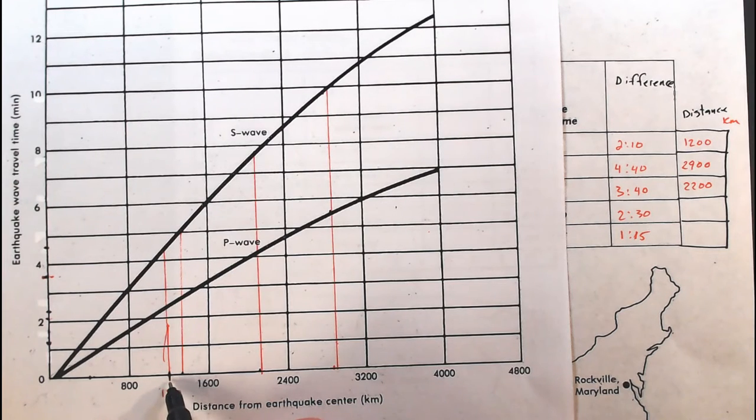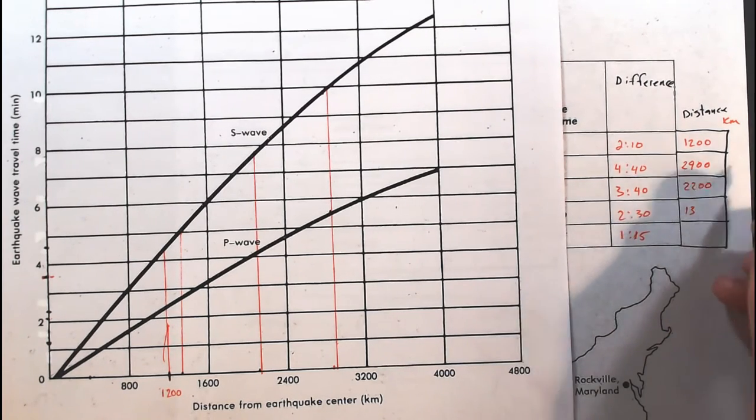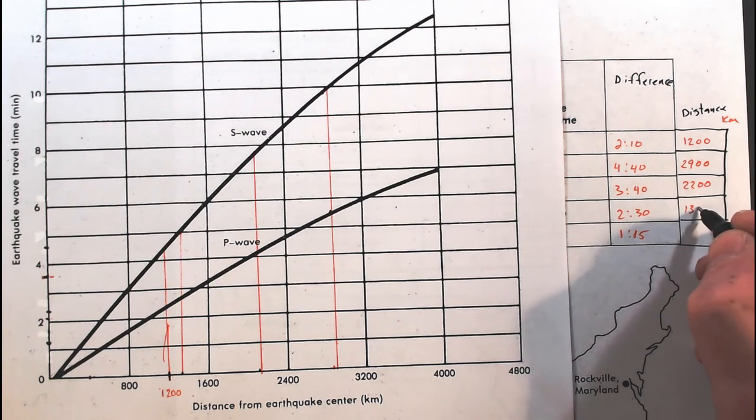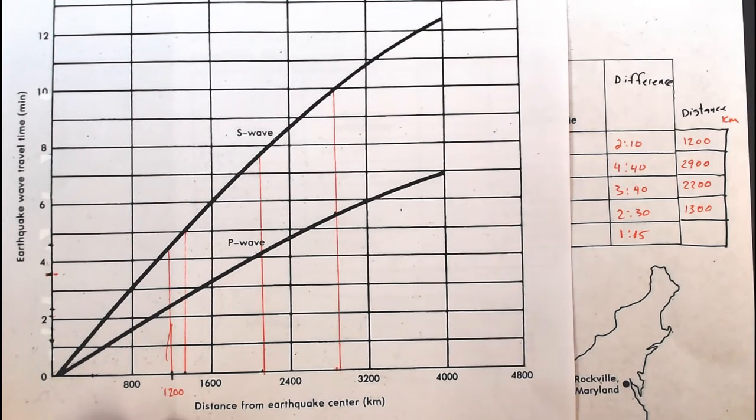And that's going to be, what, 1,200? So maybe like 13? Yeah, maybe like 13. Let's go 1300. Okay, and then we have one more, 1 minute and 15 seconds.